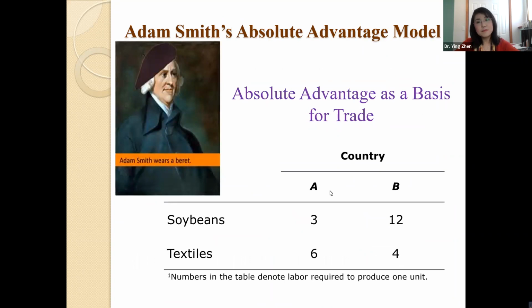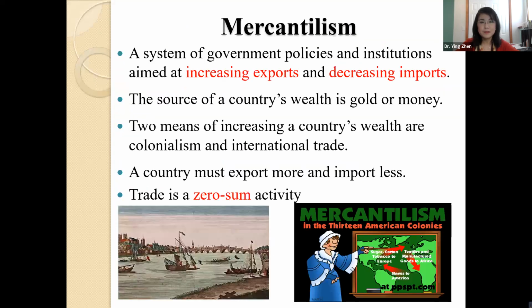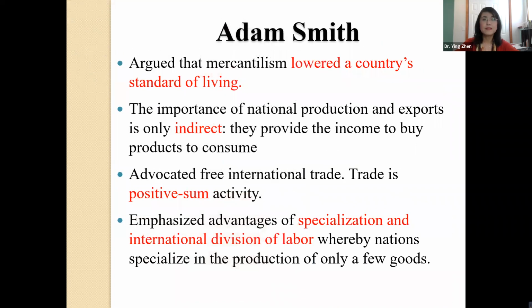So Adam Smith attacked the mercantilist thinking. Let's take a look. He believes that mercantilism lowered a country's standard of living. And the importance of national production and exports is only indirect, because they just provide income to buy products to consume.